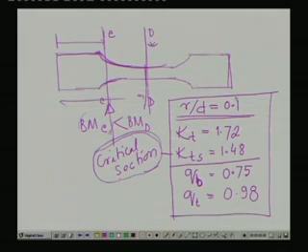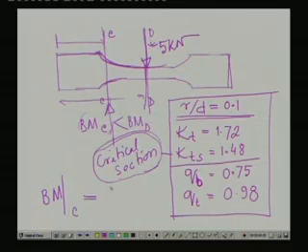Now, what is the bending moment at C? This is the center load, 5 kilonewton. So, obviously, the bending moment at C comes out to be how much? 2.5 kilonewton at the bearing locations, multiplied by the distance.